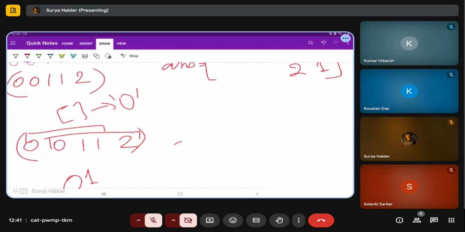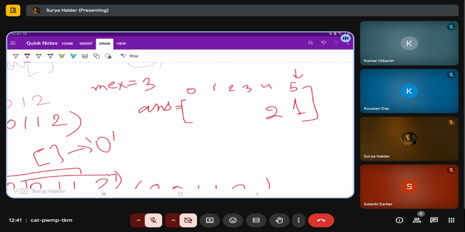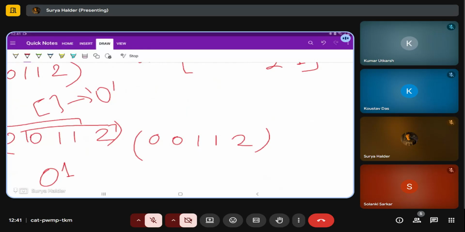After that, for n is equals to 3, k is equals to 3. So for k is equals to 3, I make 3 removals. So if I remove these 3, then obviously one of my answers is 0. The other answer for me is that if I remove these 3, then one of my answers is 1.